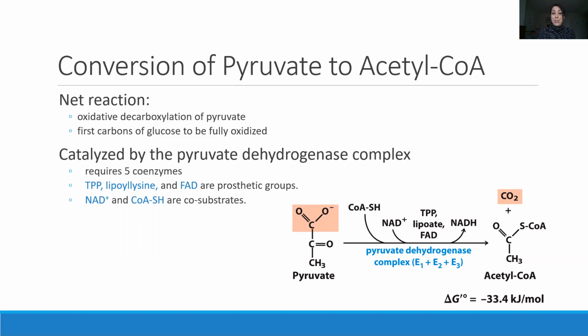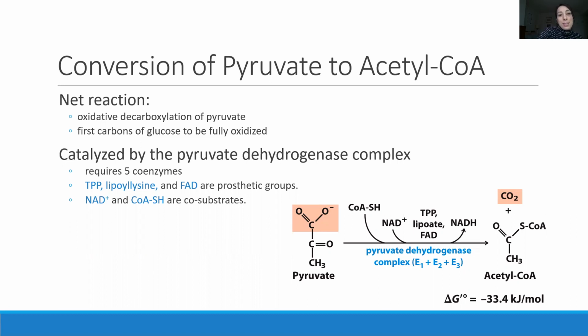Pyruvate dehydrogenase complex is a very, very important complex. And it is made out of 5 coenzymes. These are 5 participating molecules, and there are 3 main subunits that make up the PDC.